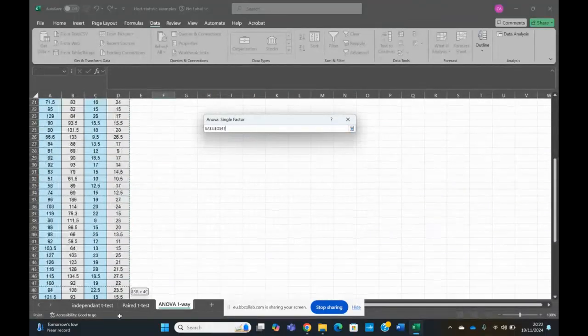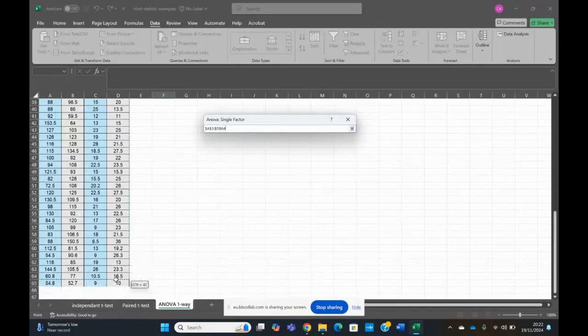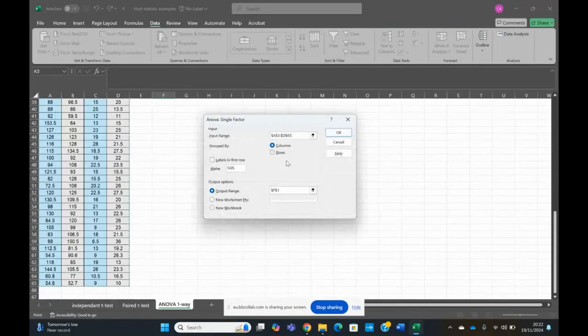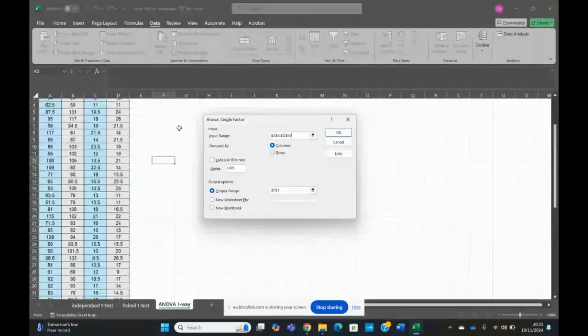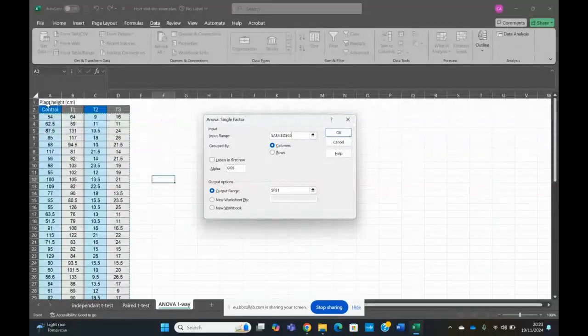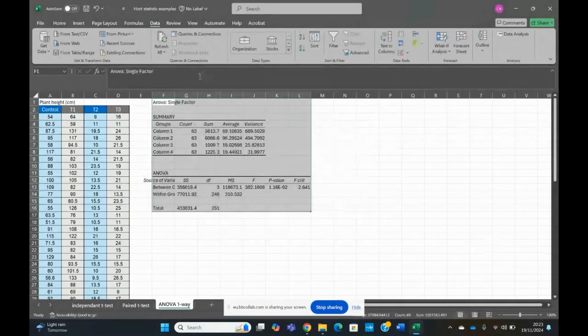So we just highlight all of our data, and then it asks, is it grouped by columns or rows? Well, in this case, every single column has a group on the sheet. I'm going to go OK.